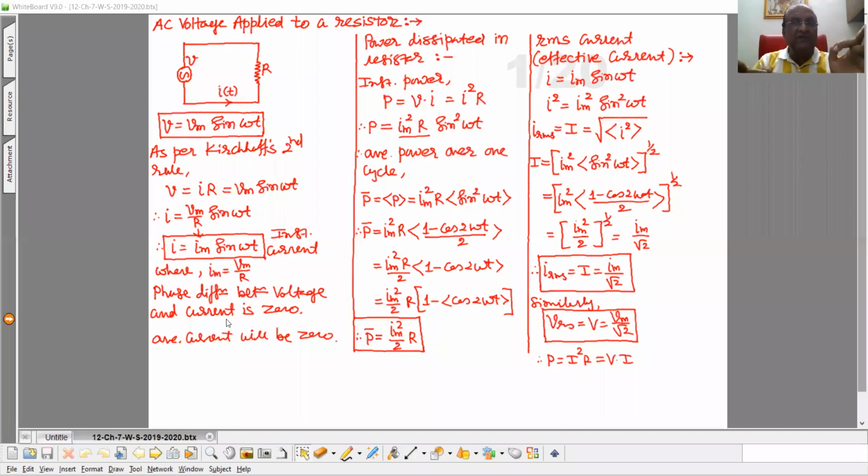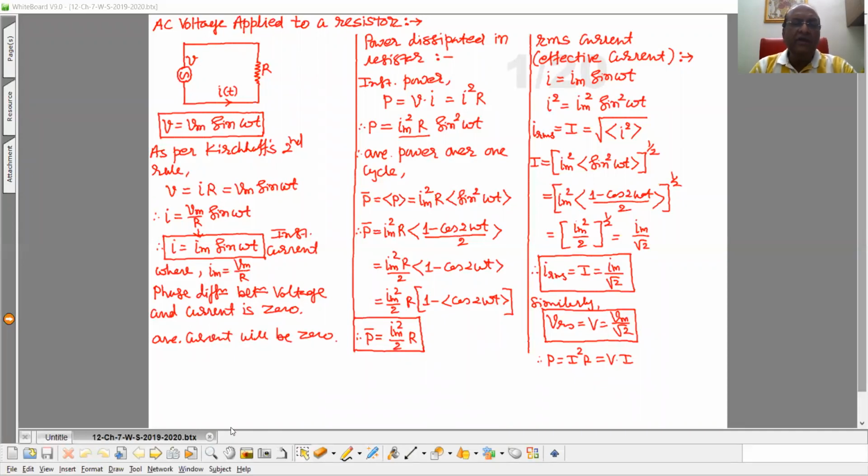So the phase difference between voltage and current is equal to 0. Now the average current in the circuit will also be equal to 0, because now in the circuit your current is continuously changing from plus Im to minus Im, depending on the values of sin omega t.